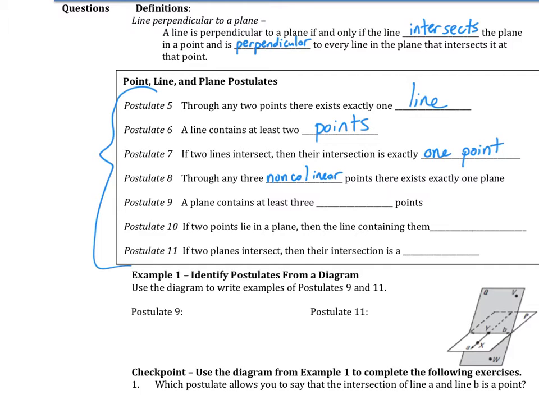Postulate 9 says a plane contains at least 3 non-collinear points. 10, if 2 points lie in a plane, then the line containing them lies in that plane. And then lastly, postulate 11, if 2 planes intersect, then their intersection is a line.